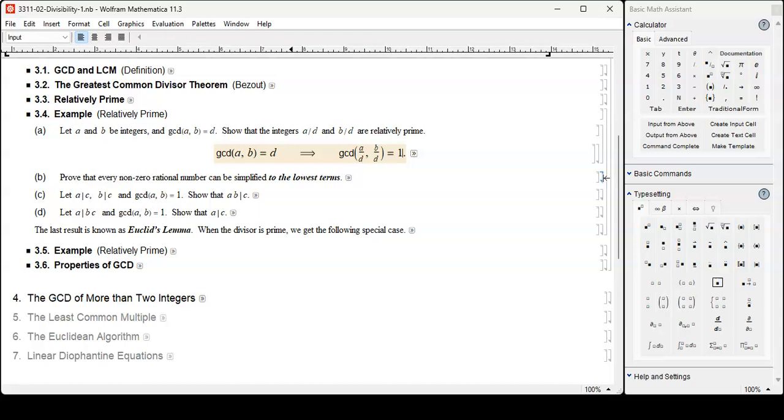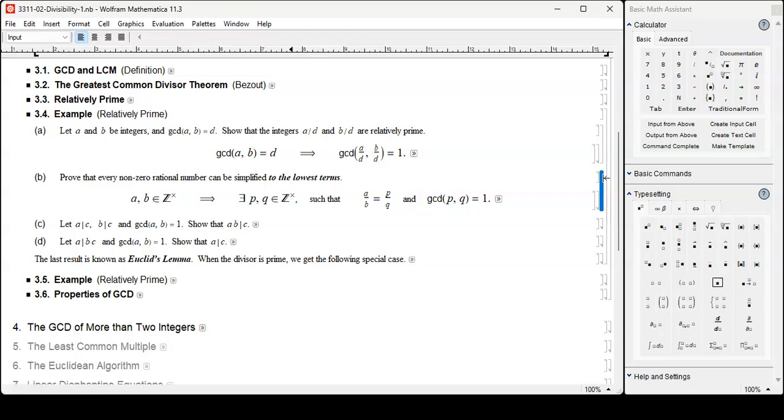And we can utilize this to prove that any non-trivial fraction can be reduced to the lowest terms. Any non-trivial a over b can be reduced to some p over q where p and q are relatively prime.